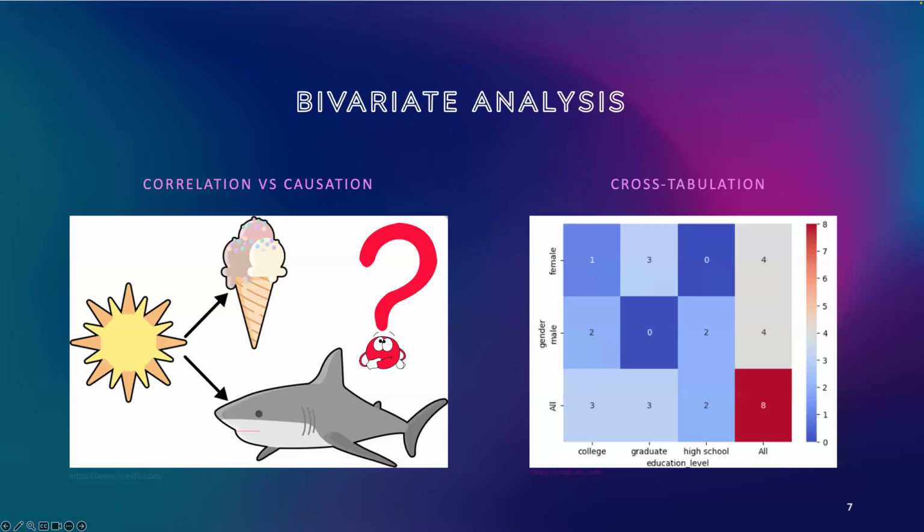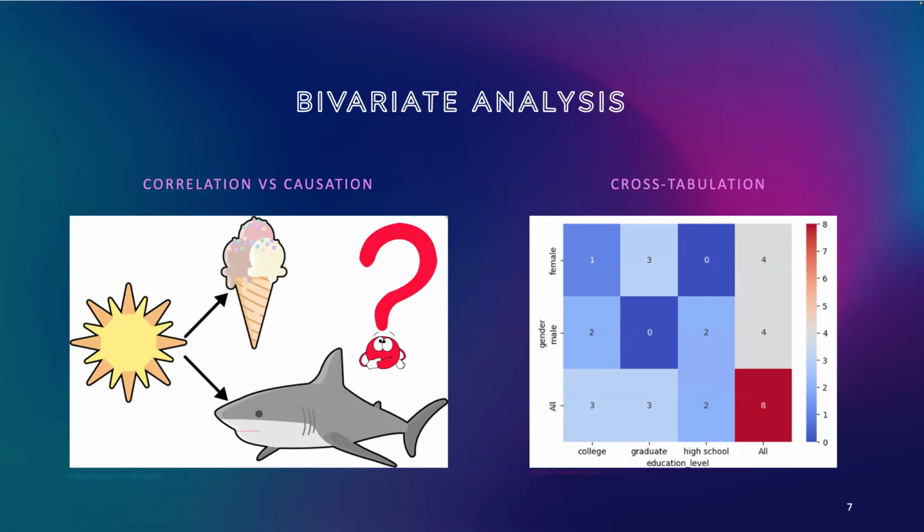Then another type of representation of bivariate analysis, not of graph but here it's in a graphic format, is cross tabulation, and this is also referred to as contingency tables.